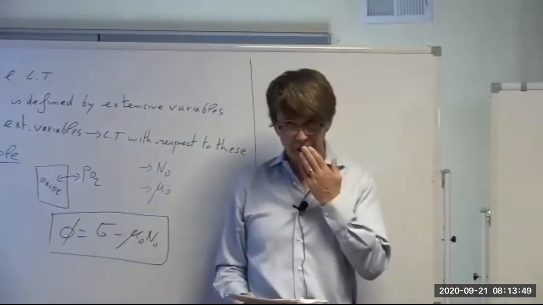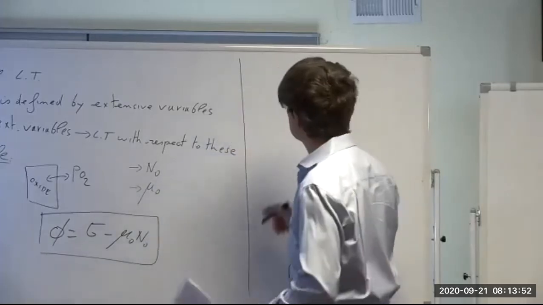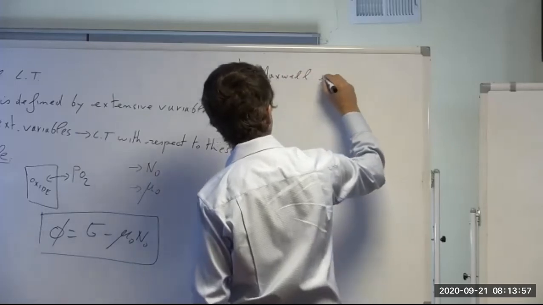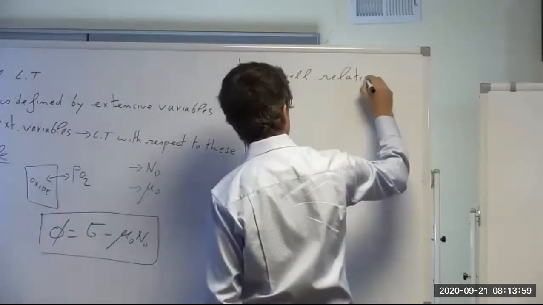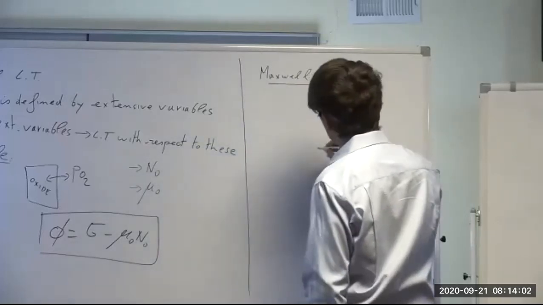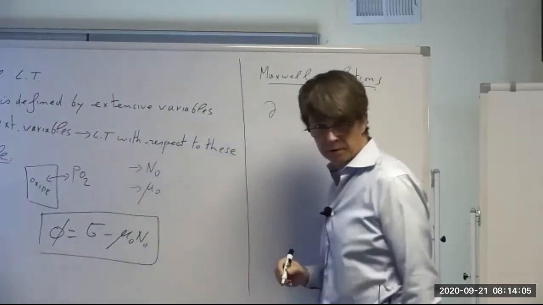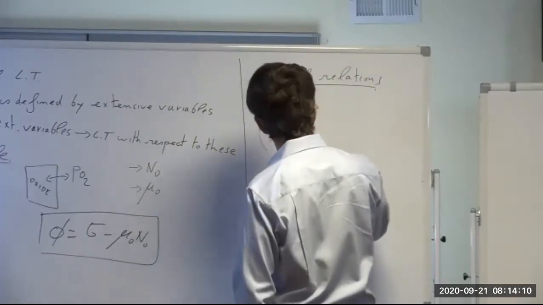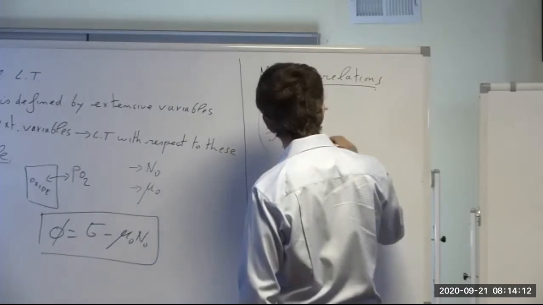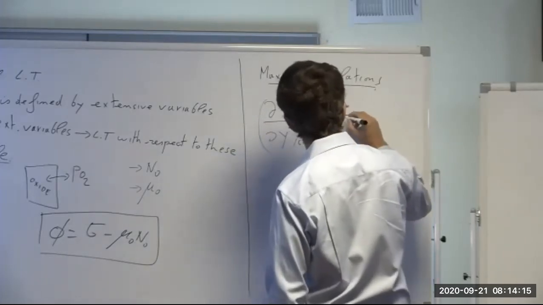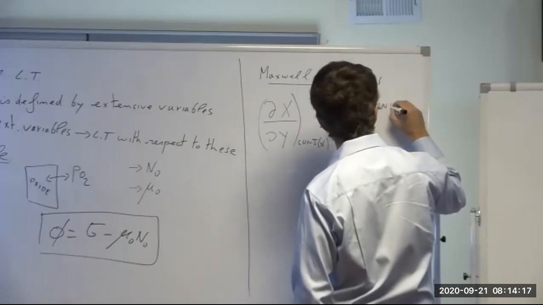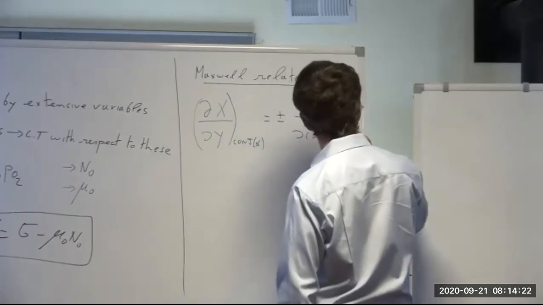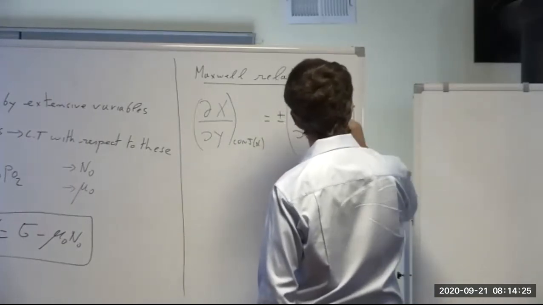We also started defining basic mathematical relations, and what I got to last time was the Maxwell relations. And what I showed you is that they have a general structure: it always looks like dx/dy, keeping the conjugate of x constant, and this is equal to plus or minus the derivative of the conjugate of y with respect to the conjugate of x, keeping y constant.